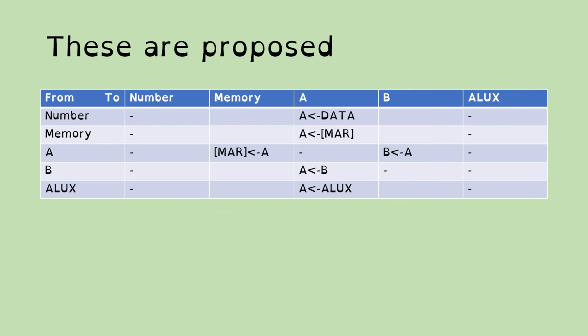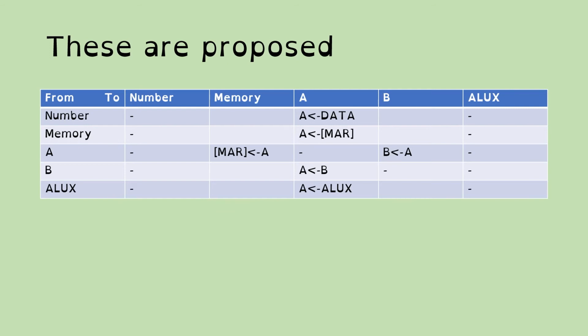It's a little odd to get used to at first, because it maybe feels backwards, but there is a good reason for it being this way. The thing that is receiving the data is on the left. Then you've got an arrow, which I'm showing with a less than sign and a dash. And then the thing that the data is being copied from is on the right.